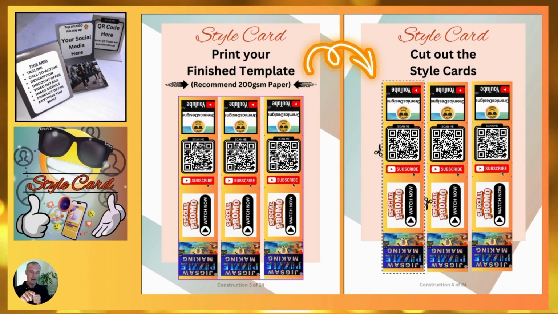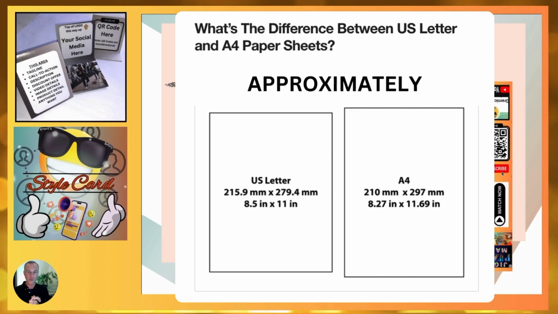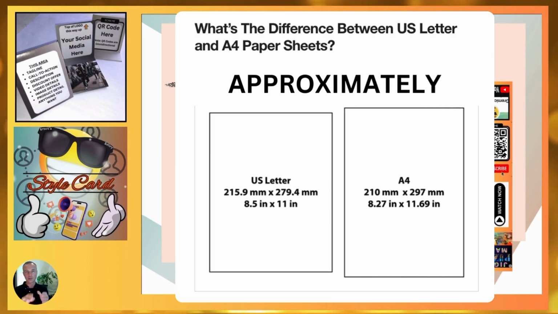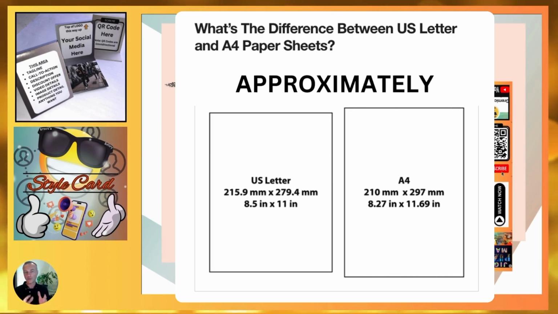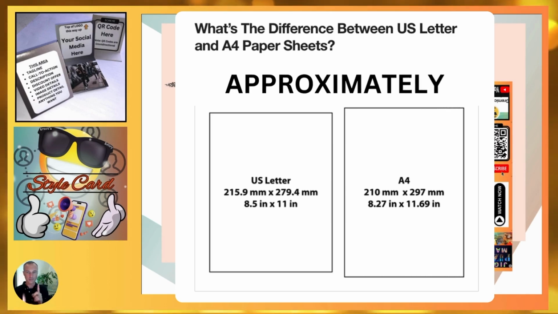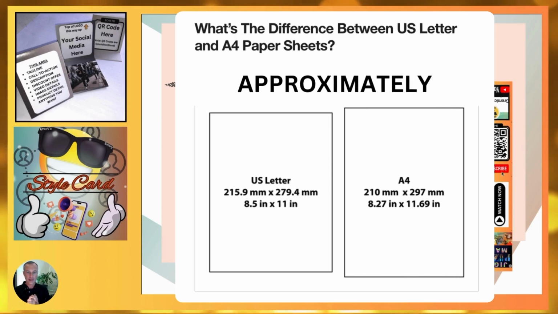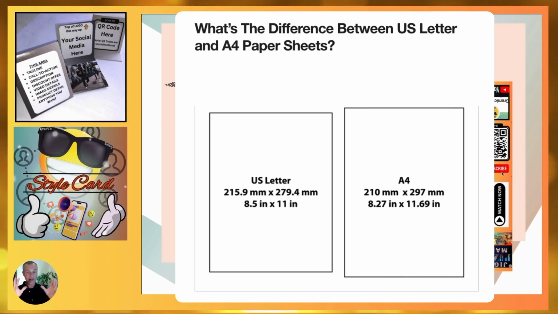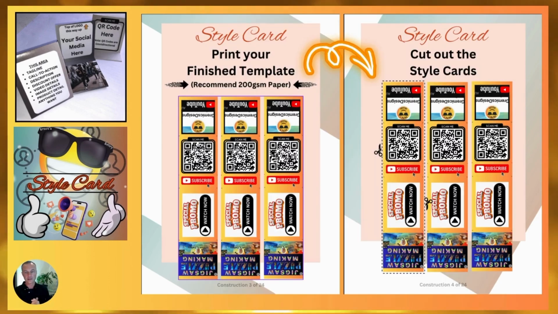Incidentally, the template is set up in a default size of A4 here in Australia, which I think is letter size in the US, 8.5 inches by 11 inches for our US customers. It can be scaled up and down, and I'll show you that design feature in the coming slides.